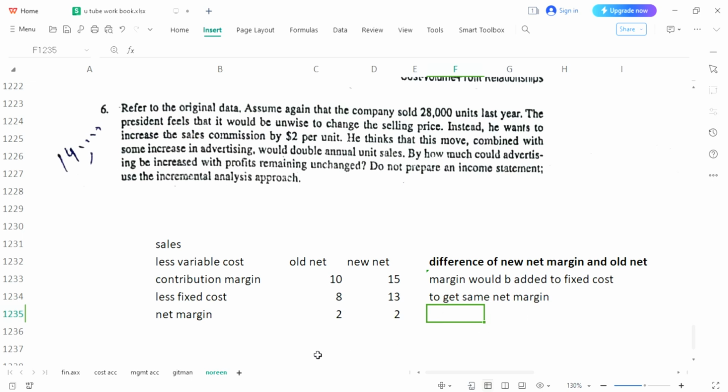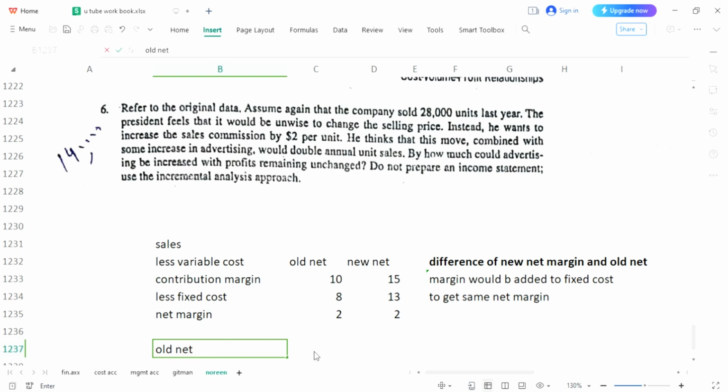Okay, our base has been created and now we will be calculating our new net margin and old net margin. First, we will calculate our old contribution margin. And how would you calculate contribution margin? You will take units.